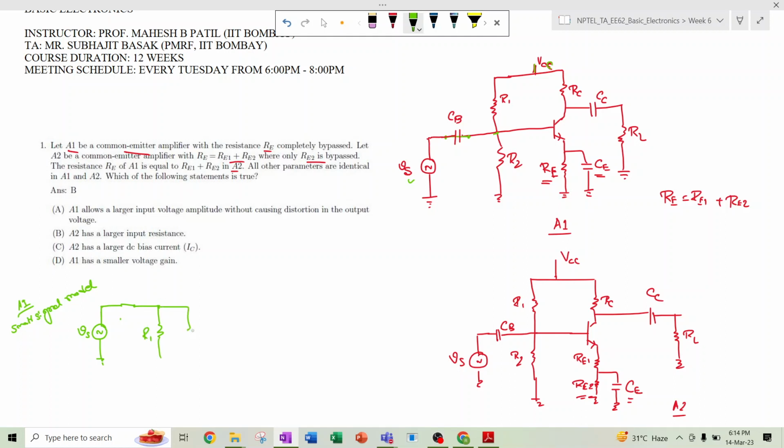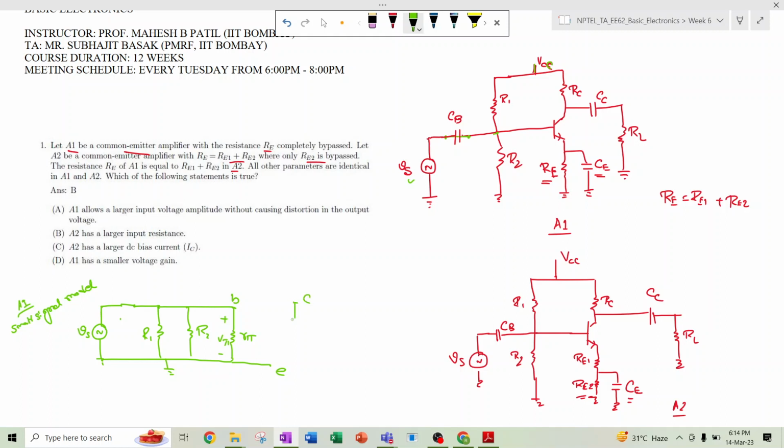another resistance R2, and the amplifier model, where we have R pi, across which the voltage is V pi. All of these things are ground. This thing is the emitter terminal, this is the base terminal, and this is the collector terminal.